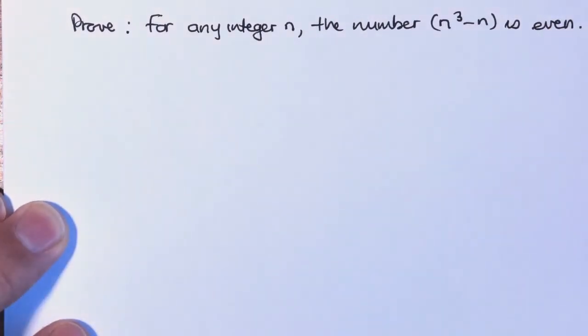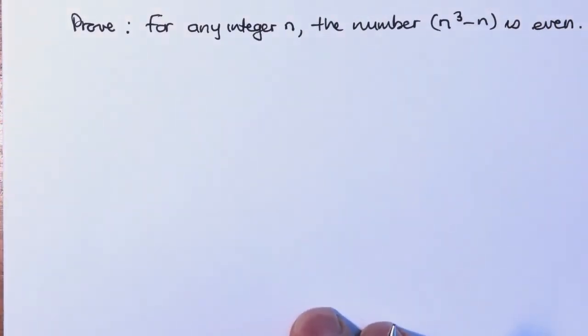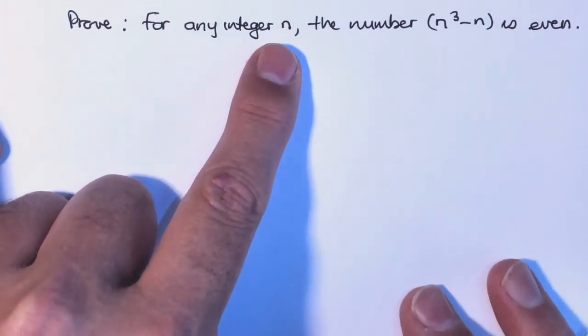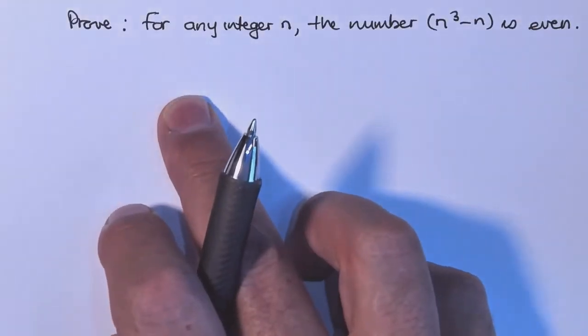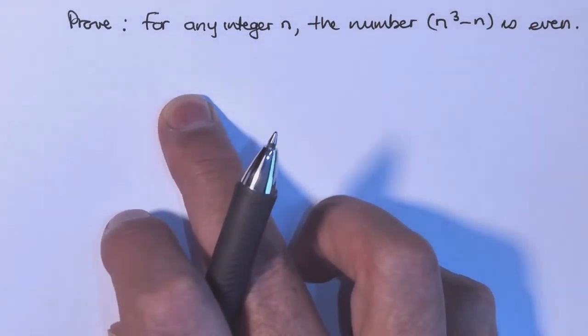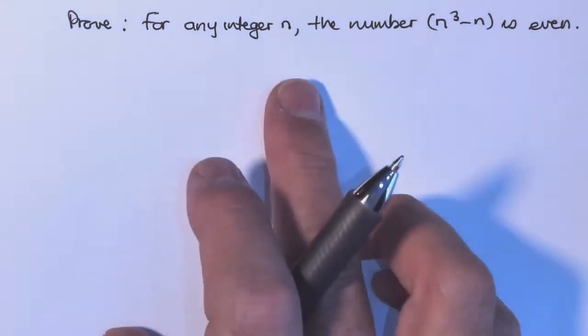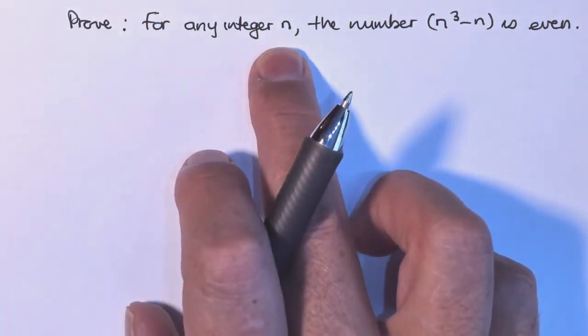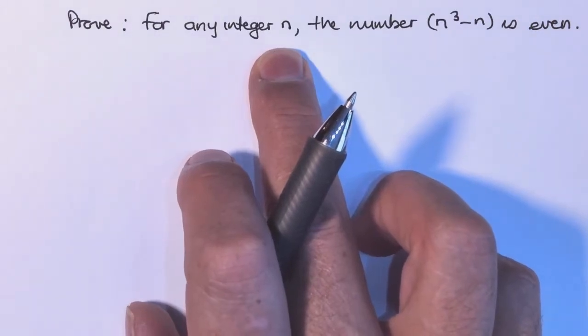We want to prove that. Remember, it's a universal statement for any integer n. It is hard to know where to start with this, because we don't know anything about n other than the fact that it's an integer.